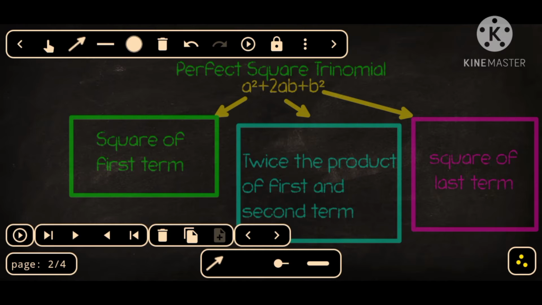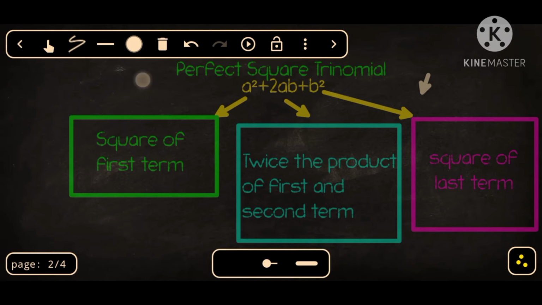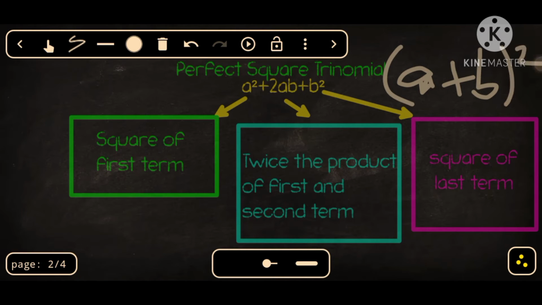Or the other form, we have a squared minus 2ab plus b squared. The operation in the middle term, or the second term, is minus, so it depends upon the sign of our middle term. Again, if a polynomial is in this form, a squared plus 2ab plus b squared, then the factors would be (a plus b) squared.